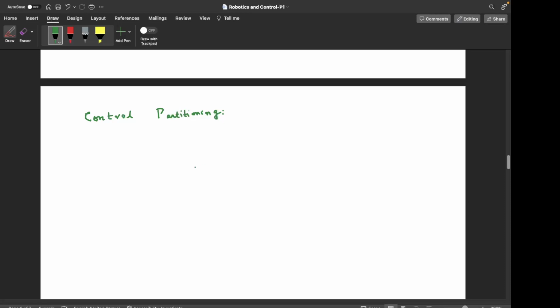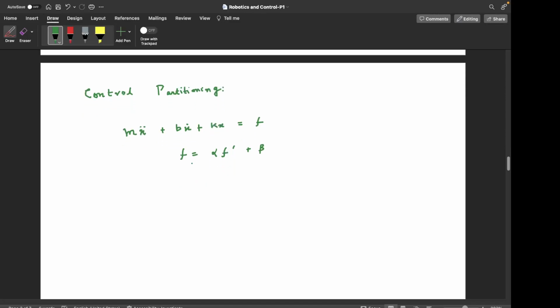Okay, so what we do, we had that equation m x double dot plus b x dot plus k x equals f, right? Now let's represent f as alpha times f dash plus beta, right?